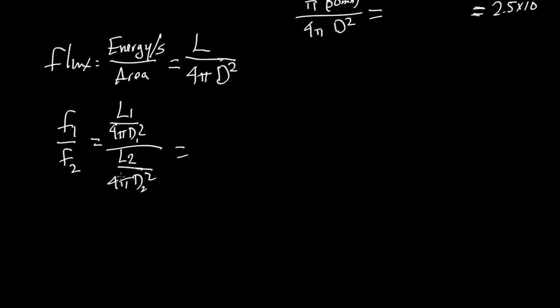And I can simplify, crossing out the 4 pi's. And I get L1 over L2 times d2 over d1 squared.